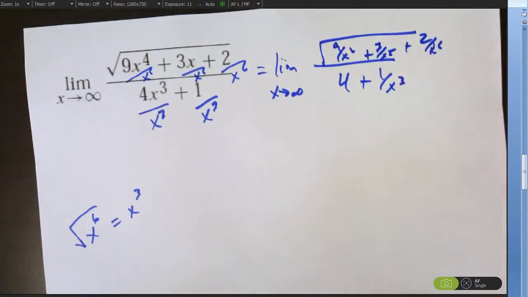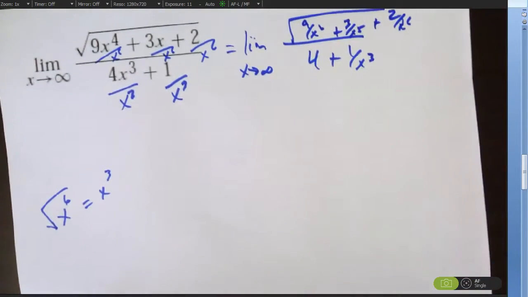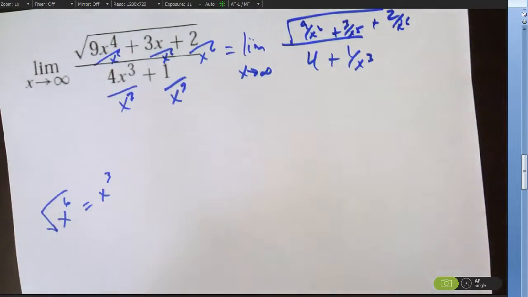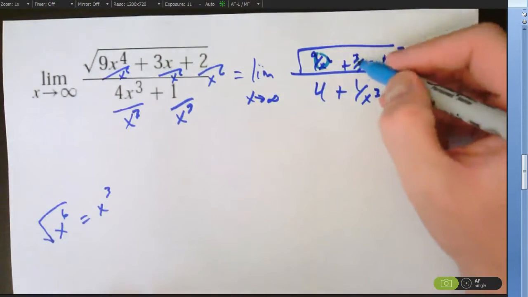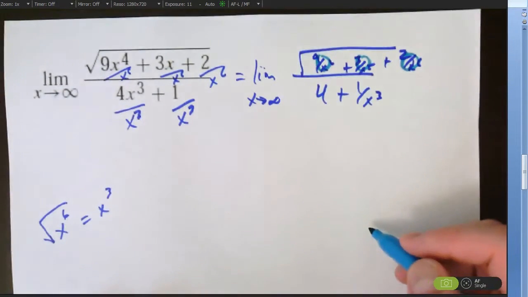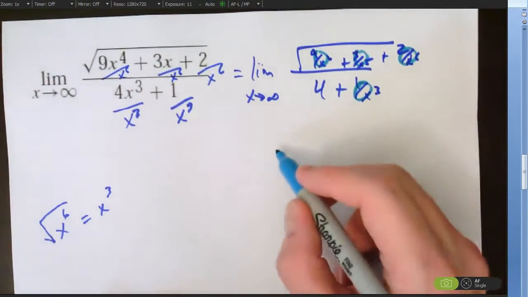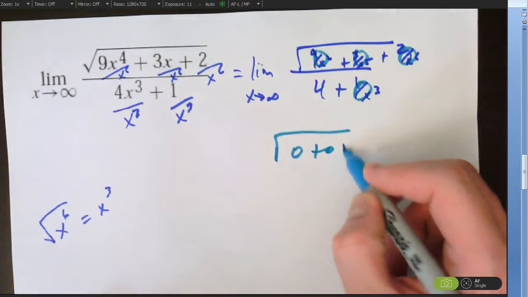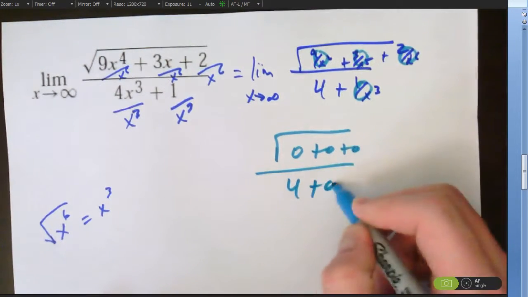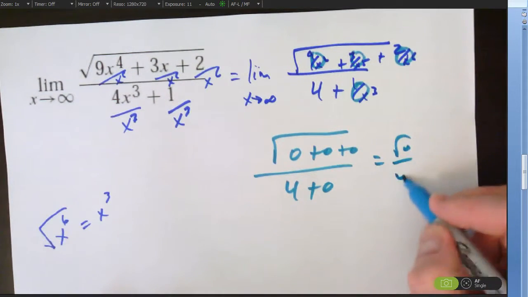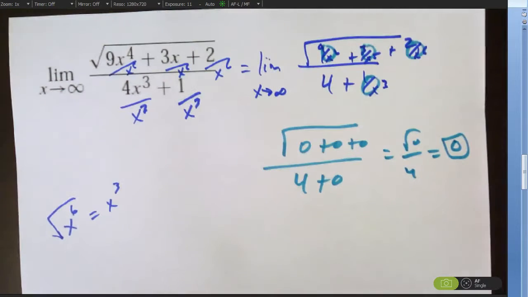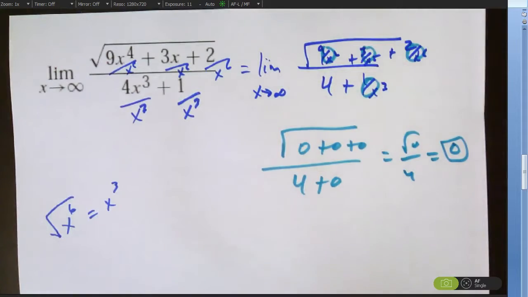And then when I start plugging those numbers in, I get 0, 0, and 0 for those, because it's something over infinity. I really get the square root of 0 + 0 + 0 over 4 + 0. Square root of 0 over 4 ends up being 0. Now, the other way I could argue this one is this.